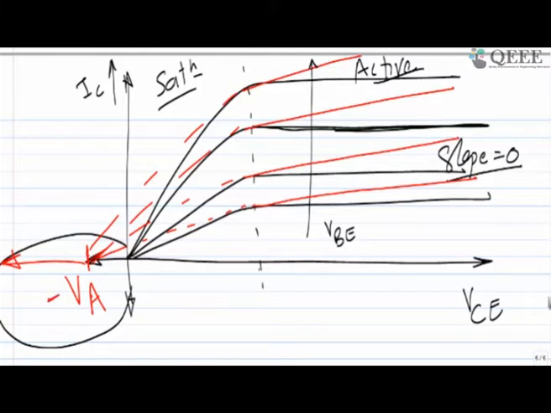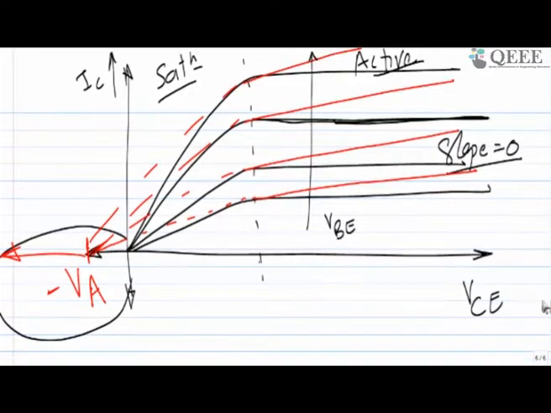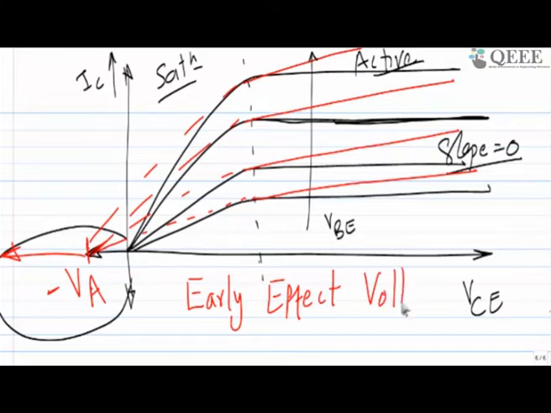First of all, this concept is known as the early effect voltage, and this effect is known as the early effect. This is also known as base width modulation, but this is happening because of a wrongly chosen base width or a wrongly manufactured transistor. So this will happen.